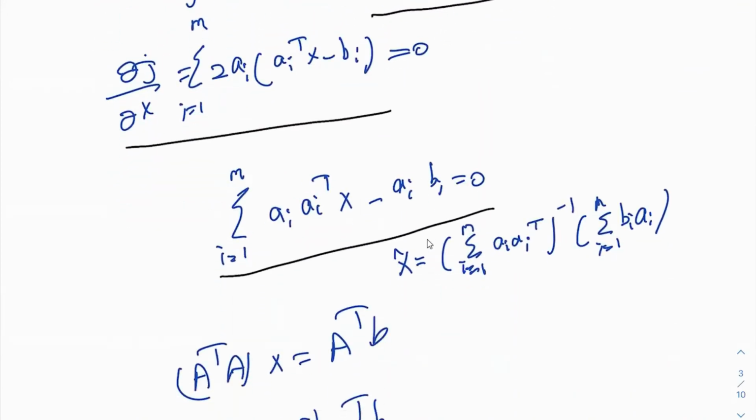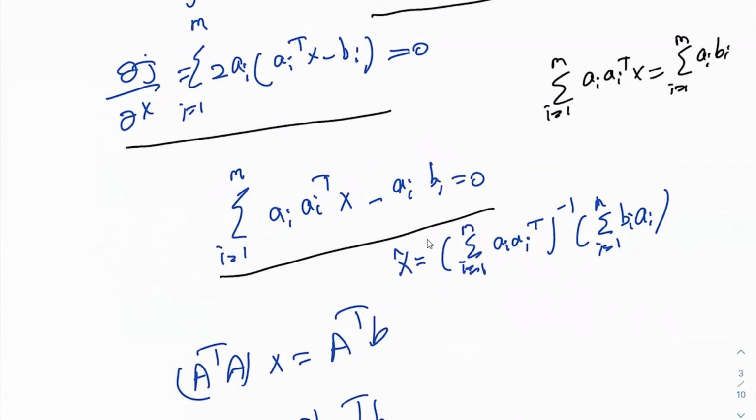This is called also normal equation, but usually the normal equation you see in the literature would be based on when you write it based on matrix vector product, right? So what you're going to get here is this. You're going to get sigma I from 1 to M, AI transpose X is equal to sigma I from 1 to N, AI BI, okay?